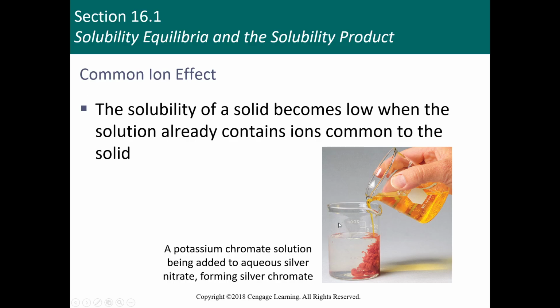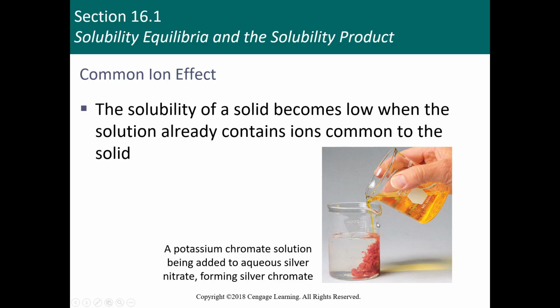So right here we have two dissolved solids. See that? Both of these were clear before we poured them together. Now what's happening here is that they have an ion that is common between them. So we have a potassium chromate solution that's being added to an aqueous silver nitrate.